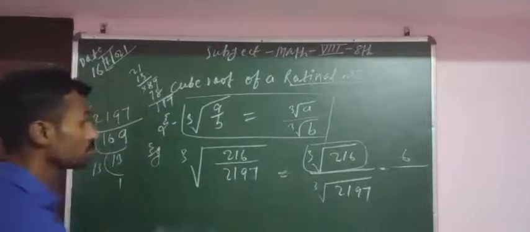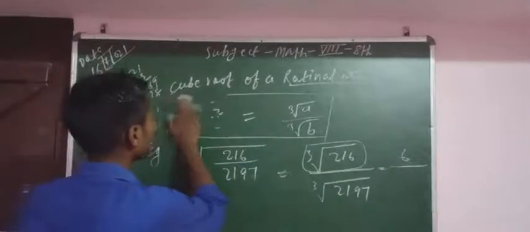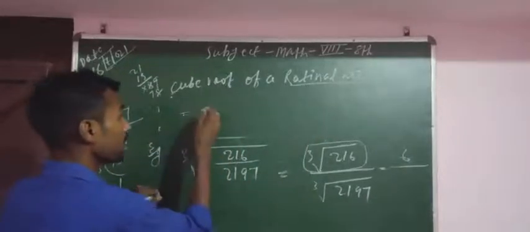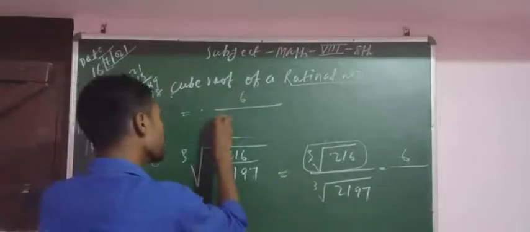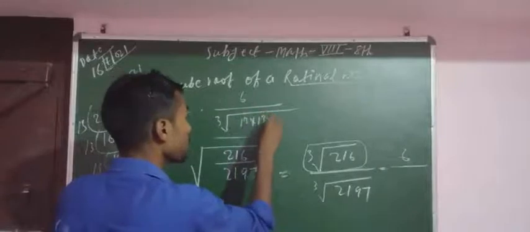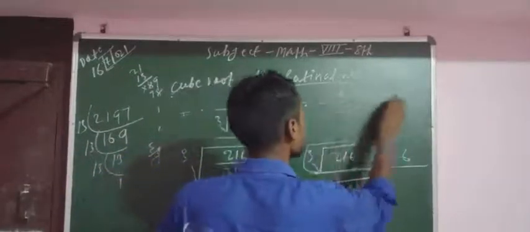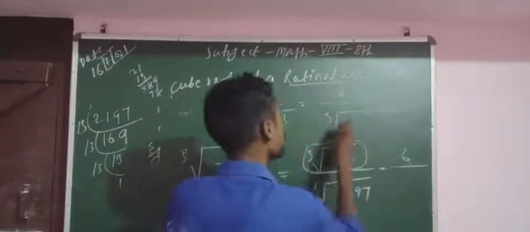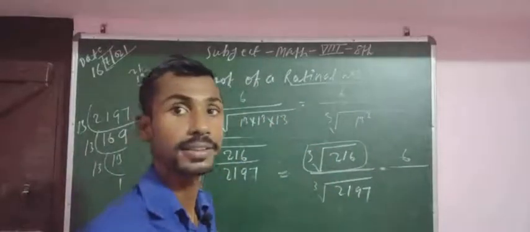So we will use this concept simply: 6 by cube root of 13 into 13 into 13. This will be equal to 6 by cube root of 13 to the power 3.